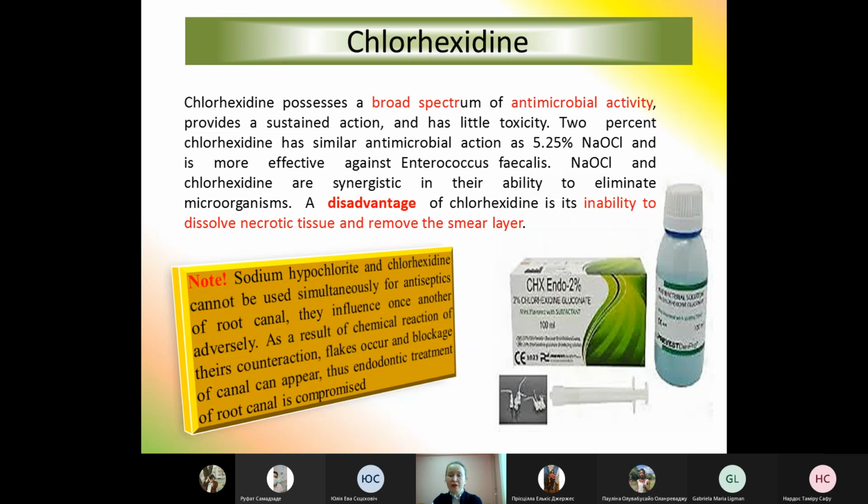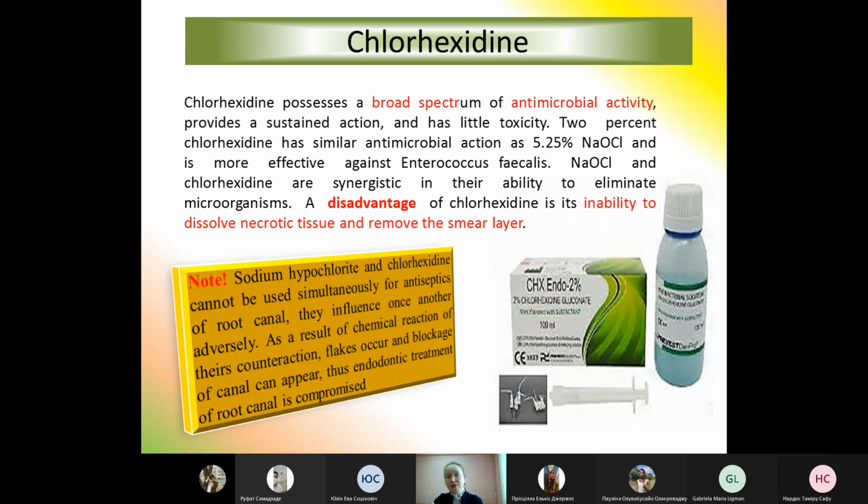Important to note that sodium hypochlorite and chlorhexidine cannot be used simultaneously for antiseptics of the same root canal because they influence one another adversely. As a result of the chemical reaction of this co-interaction, flakes occur and blockage of the root canal can appear. Thus, endodontic treatment of the root canal is compromised.